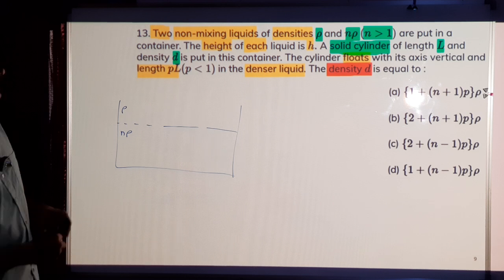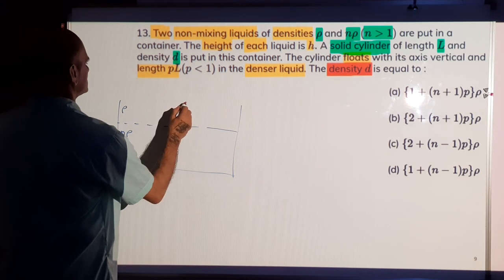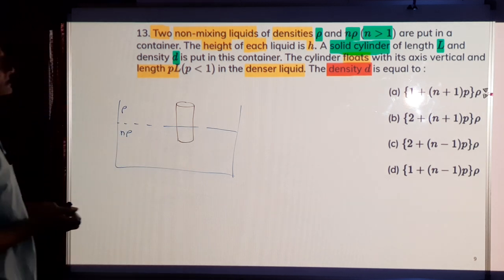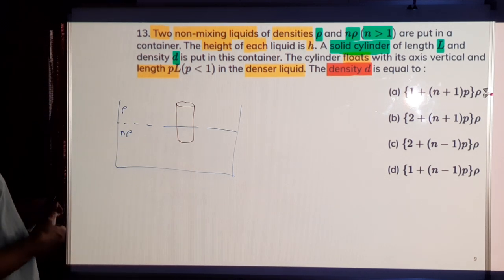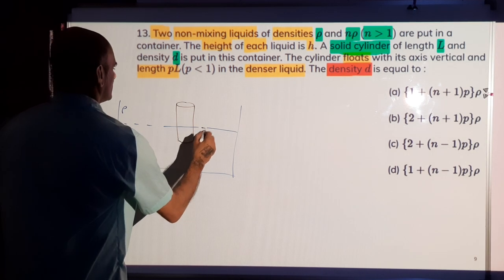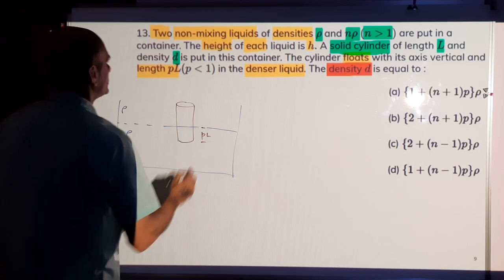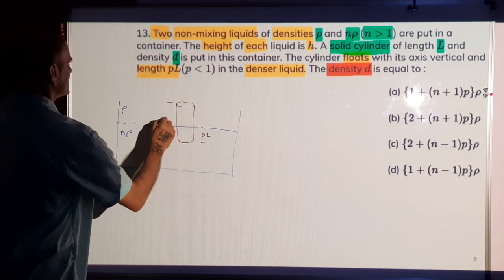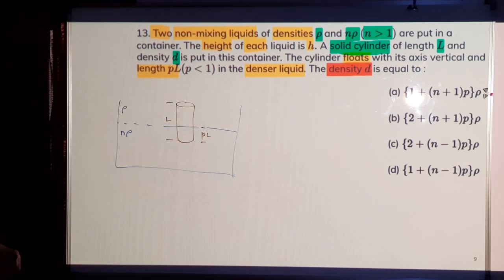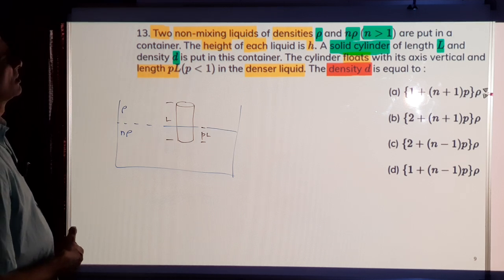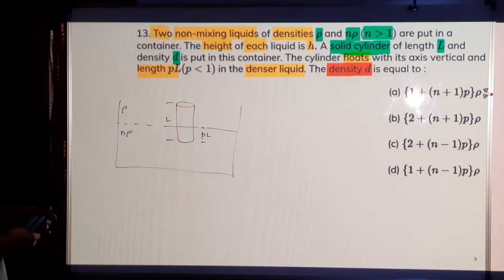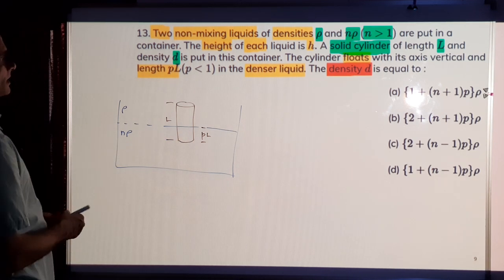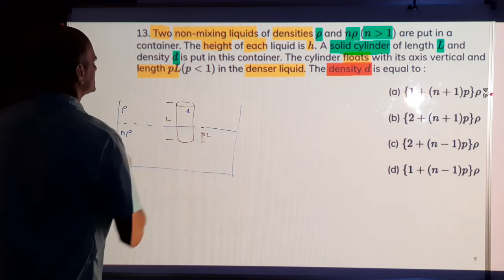So the cylinder axis is vertical and some part of the cylinder is inside this heavier liquid, and that length is P into L, and the total length of the cylinder is L. So P is less than 1. So you have to find the density of this cylinder D. The cylinder has got some density D.